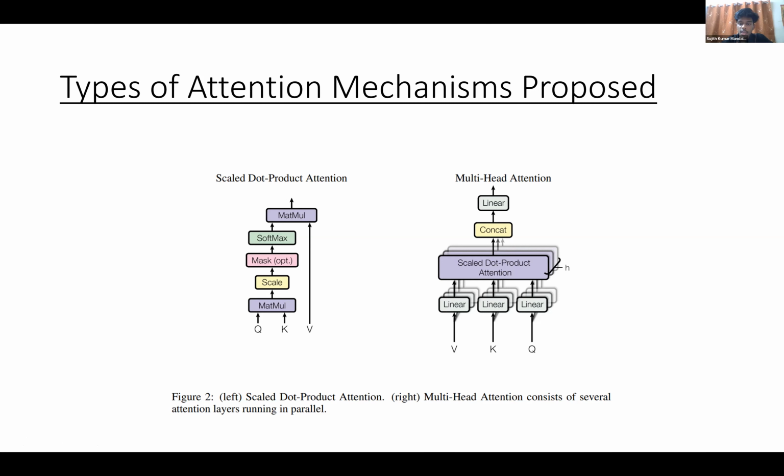Yeah. So actually, the 3 components, query Q, key K, and the value V, are the input values. Whatever the input is, for example, in the paper they have used translation of languages from English to German and English to French.